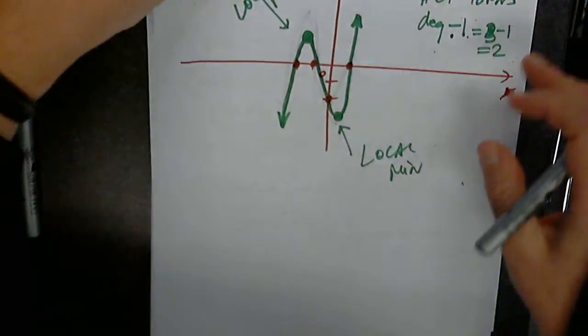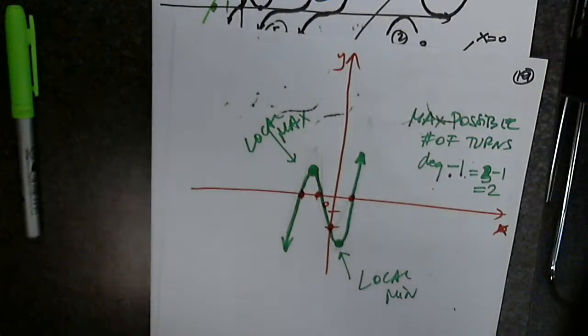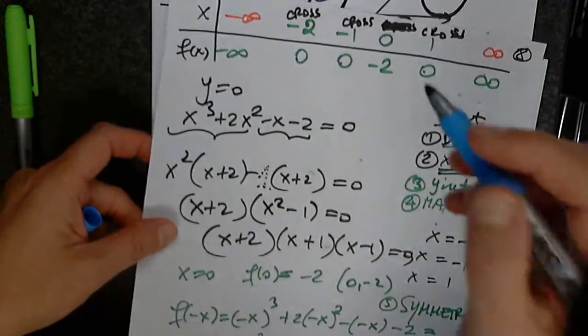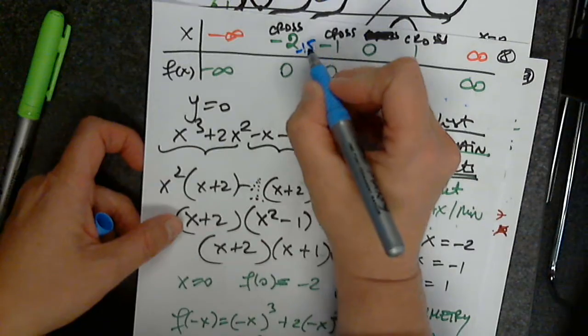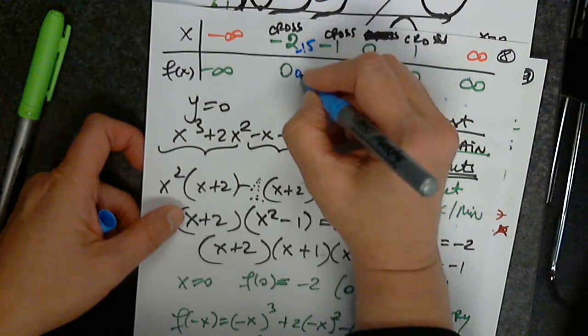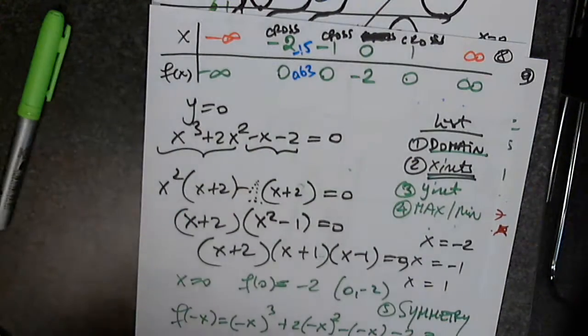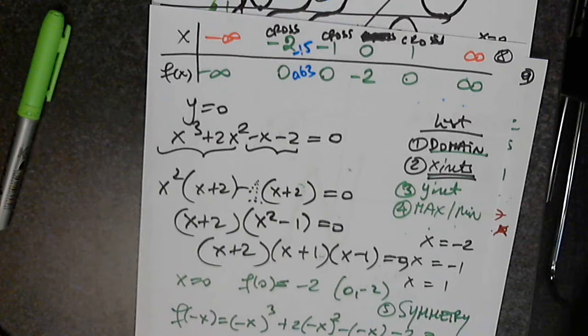So I go back to my chart and insert that point in there. -1.5, comma 0.63. I'm going to repeat for the minimum. I see that the local minimum is to the right-hand side of the y-axis.